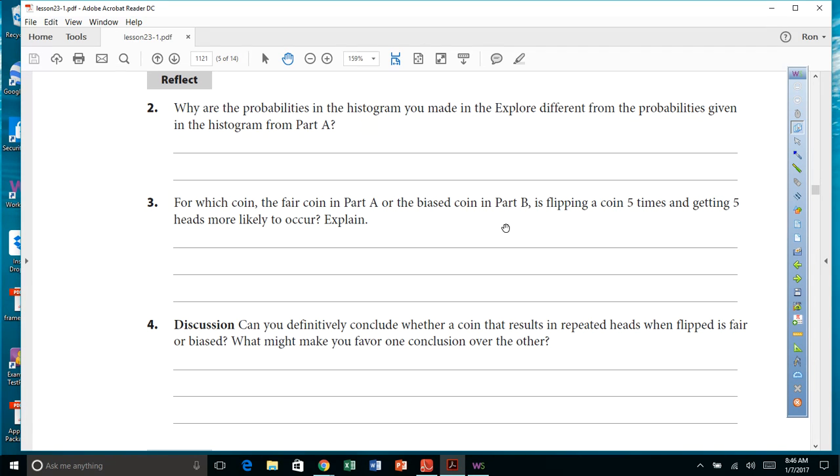Reflect. Why are the probabilities in the histogram you made in Explorer different from the probabilities given in the histogram in Part A?